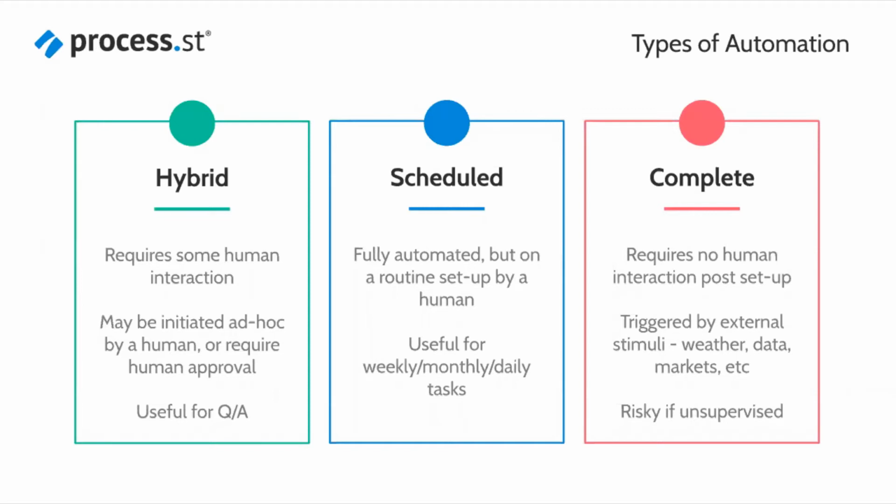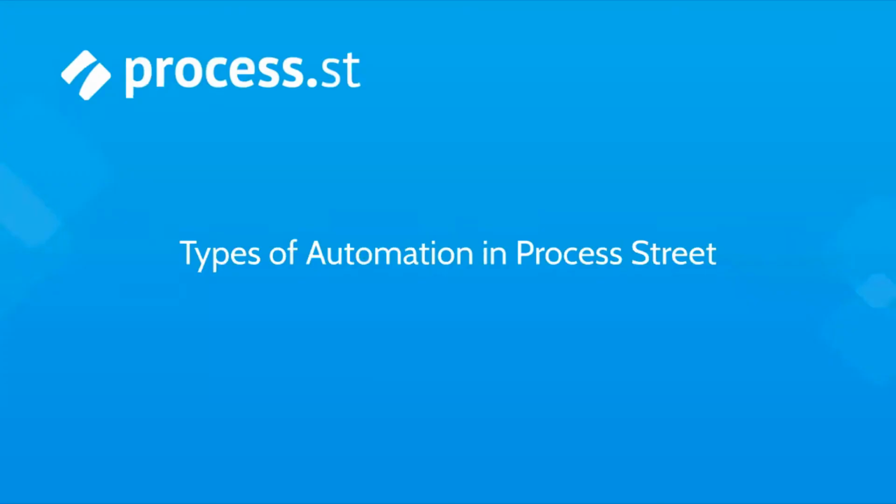Now, going from the more general concept of automation, let's go into types of automation in Process Street specifically. Before I move forward, I want to mention that these types of automation are specific to Process Street. However, you can extract them out for other tools, okay? So other tools are going to have these sorts of things, give or take.